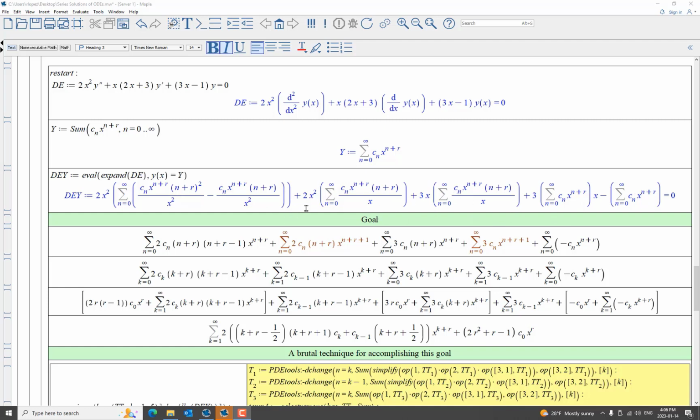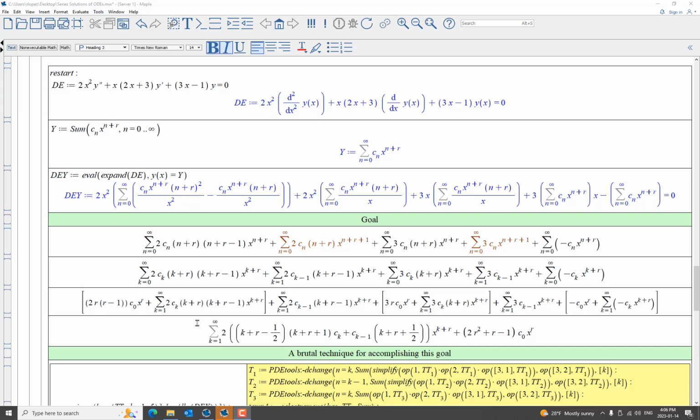Because if I could get that to happen, then I could shift the index here and make this k plus r, but it would start at 1. And I could make this k plus r, but I would have to shift the index and it would start at 1. And if I could get that far, then I could pull out the k equals 0 term from this sum, and this sum. You'll see I've done that separately here.